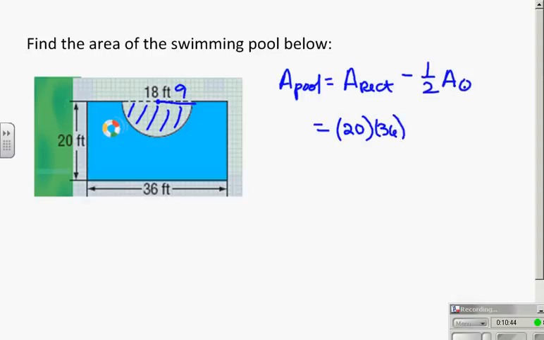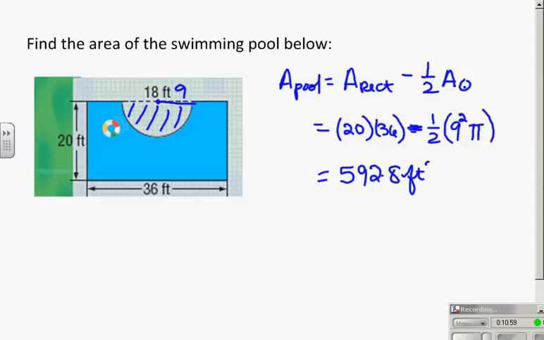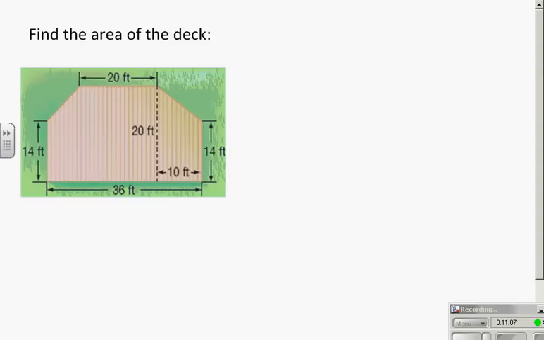And so my rectangle is 20 times 36 minus 1/2 the area of my circle, which would be 9 squared pi. And when you work all that out, you end up with 592.8 feet squared. Be sure to watch your order of operation that you're multiplying before you subtract.